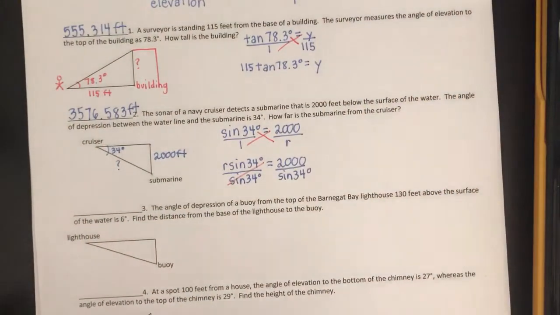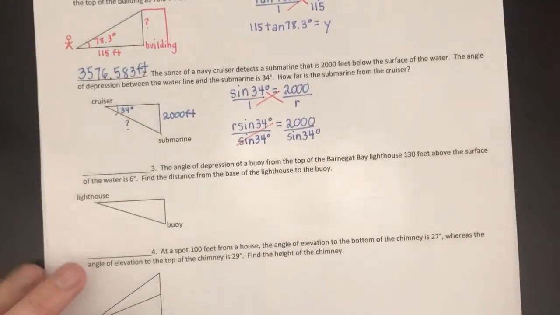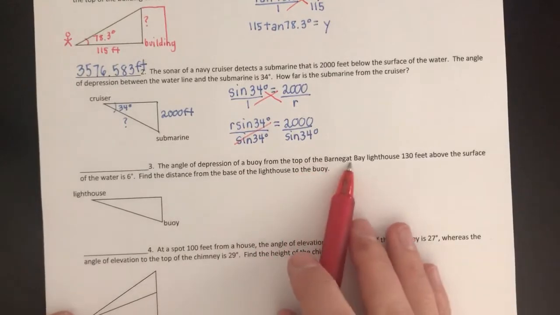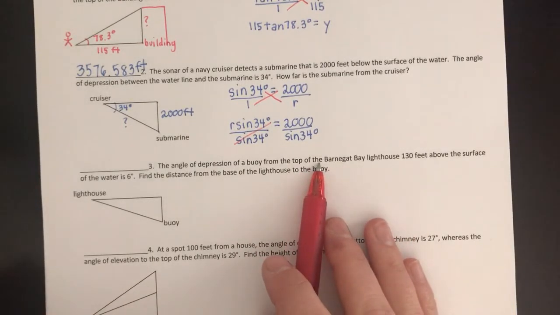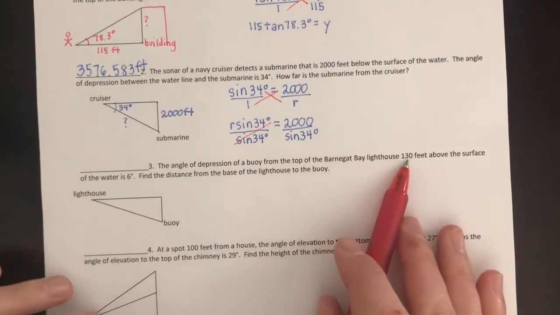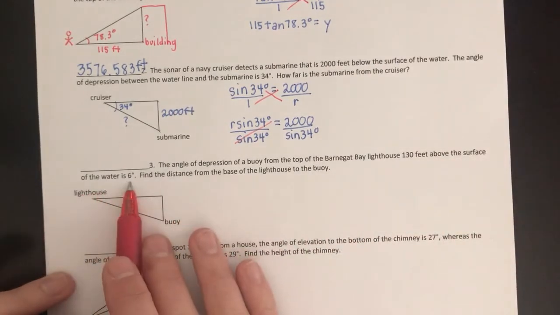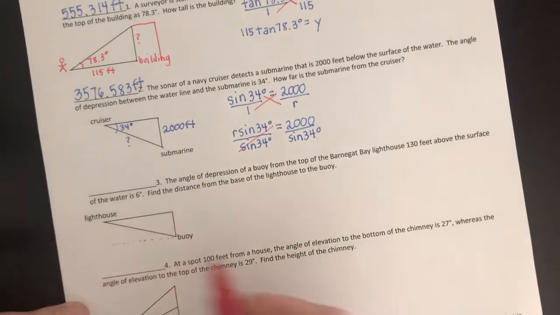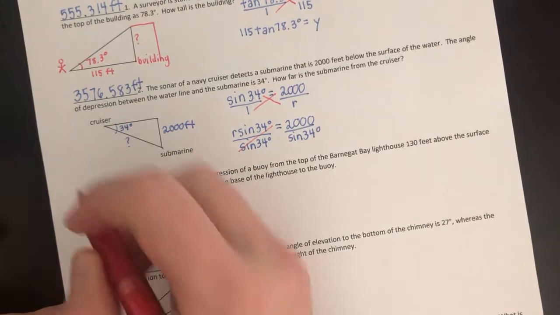All right, so next, moving along. Number 3, the angle of depression of a buoy from the top of the lighthouse, 130 feet above the surface of the water, is 6 degrees. So hopefully you know what a buoy is, out in the middle of the water.